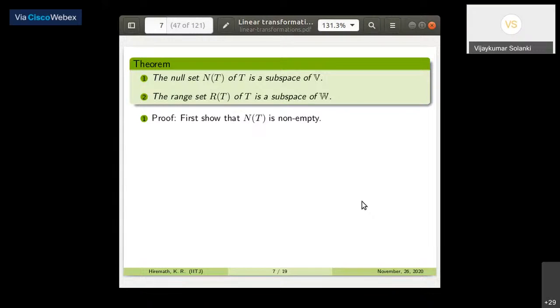But this is not enough. Zero also belongs to that set.